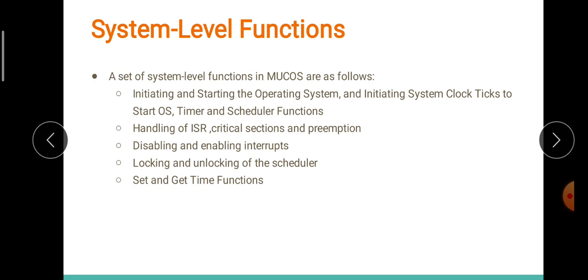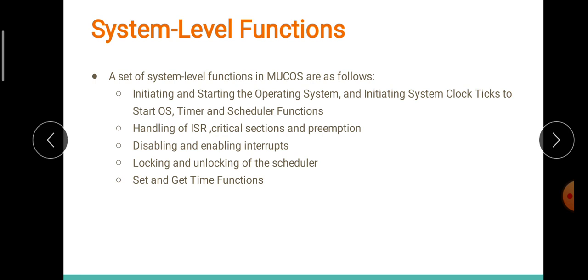The convention they follow is OS, for operating system, followed by an underscore. When used as a prefix, it denotes that it is a function, macro or variable in the MUCOS operating system.